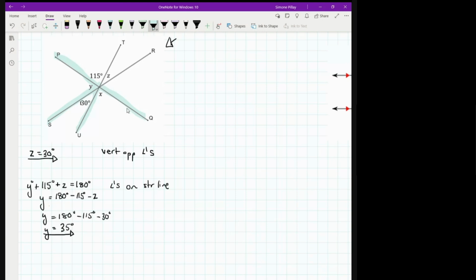No, ma'am. No, because look at this line. PQ is a straight line, 100%.